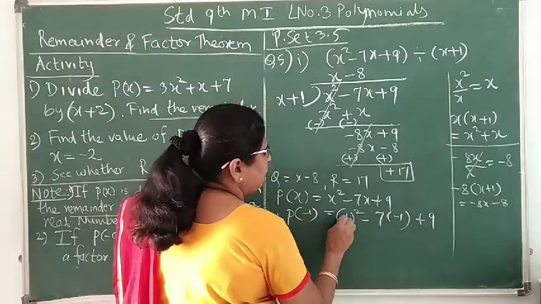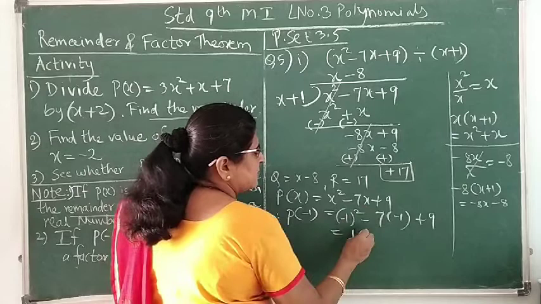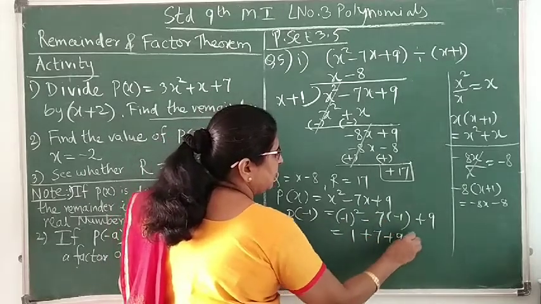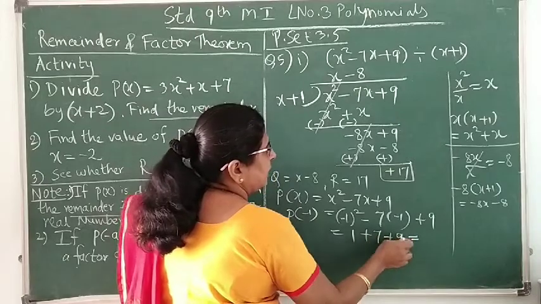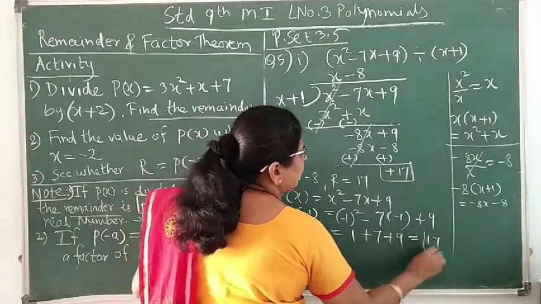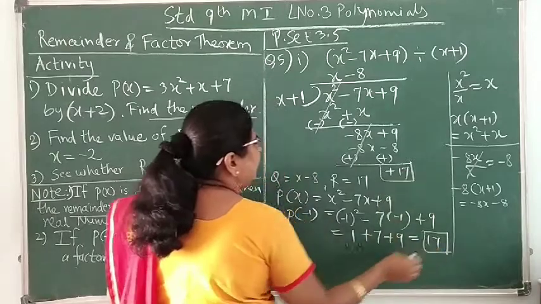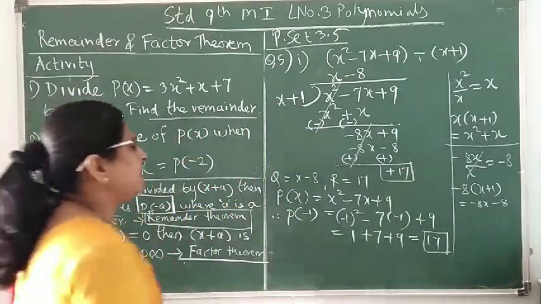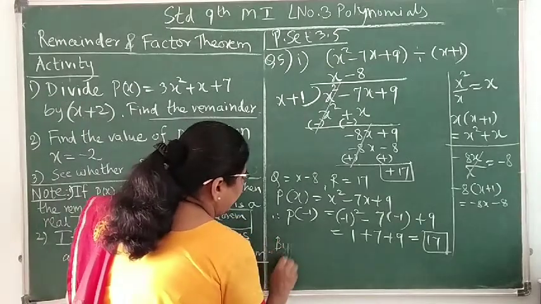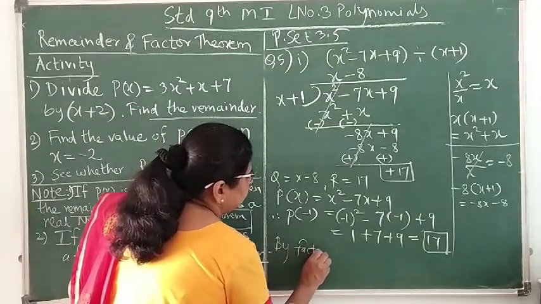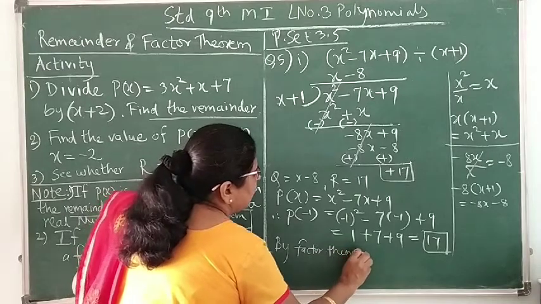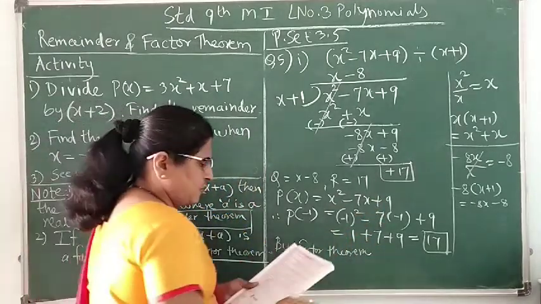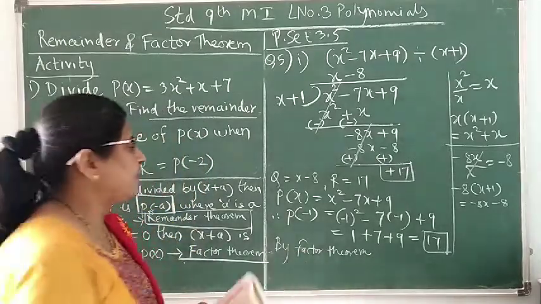Now let's see the value of this. Minus 1 square is plus 1, minus minus plus, 7 ones are 7, plus 9. Now this is 1 plus 7, 8, plus 9 is 17. So we find that by factor theorem the remainder is, actually by remainder theorem we write just what is the remainder, but it is given in the question to find the remainder using the factor theorem.